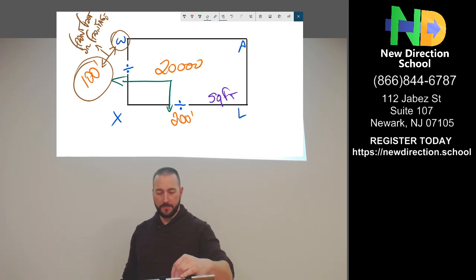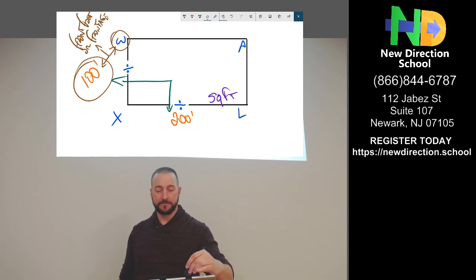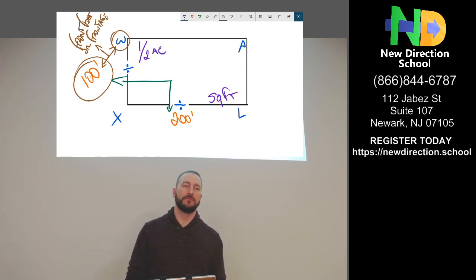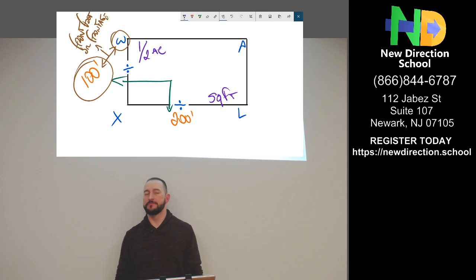So if they said half an acre, is that square feet? No. So you're going to need to figure out what half an acre is. First of all, how much is 1 acre? 43,560. That's square feet.